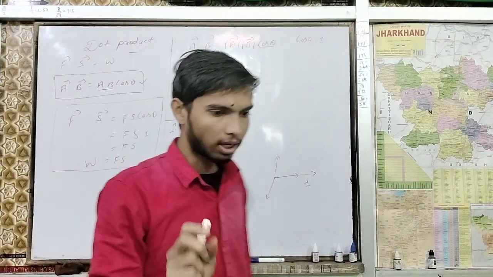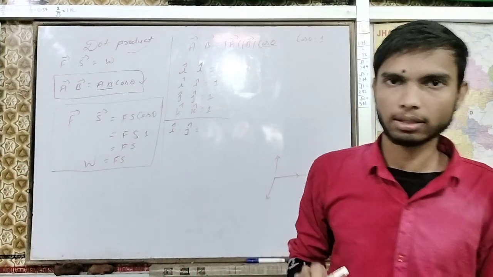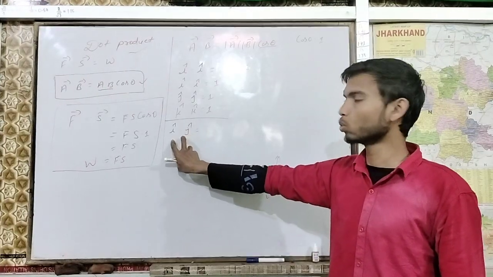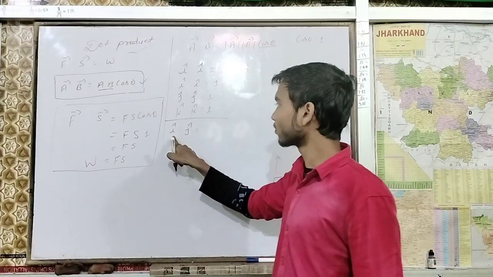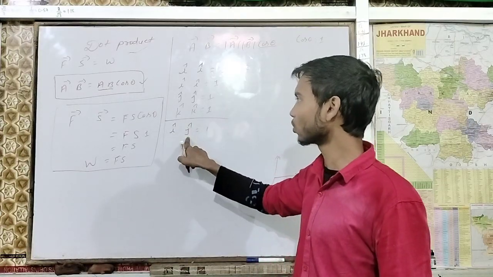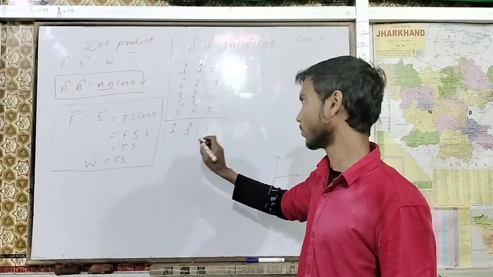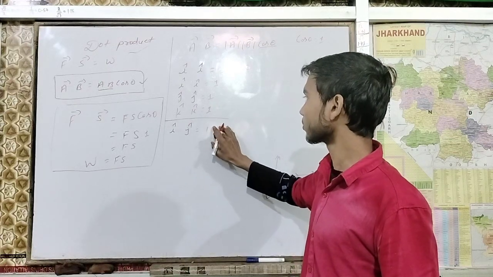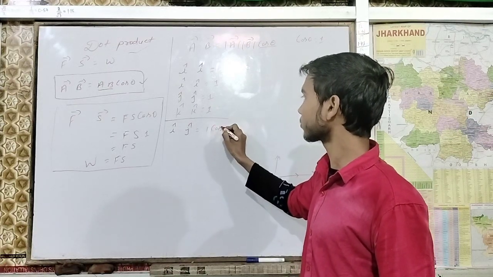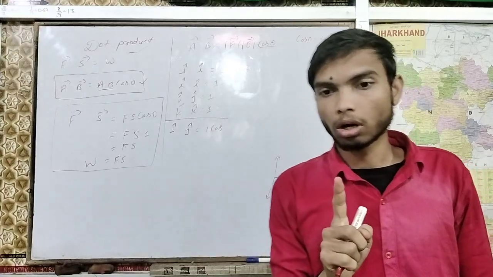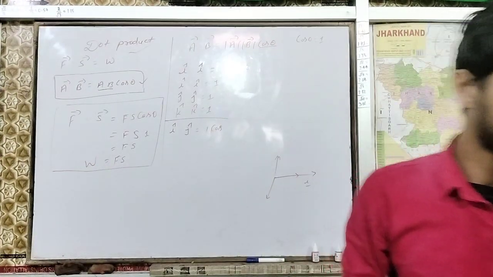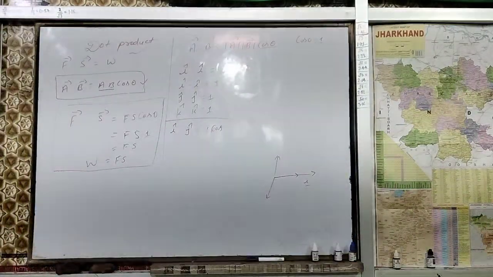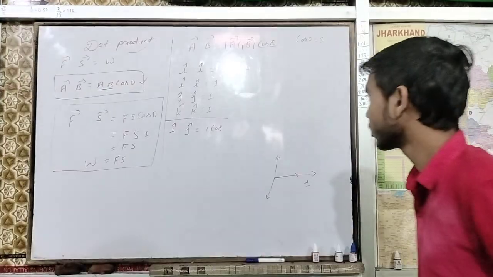Finally we have two vectors, with magnitudes 1 and 1.